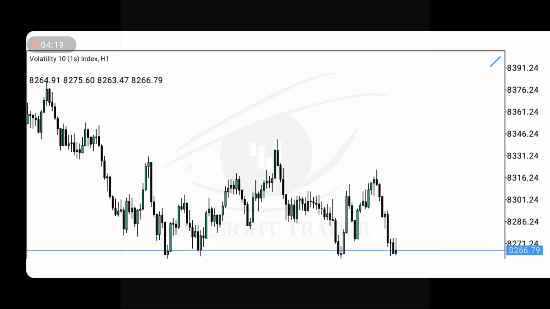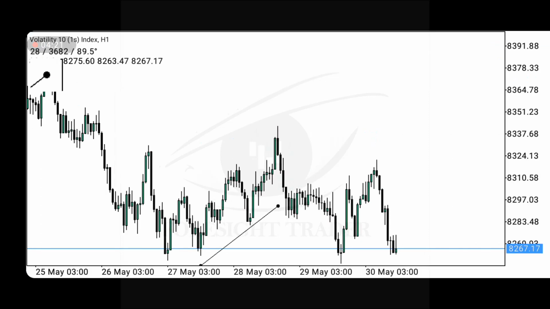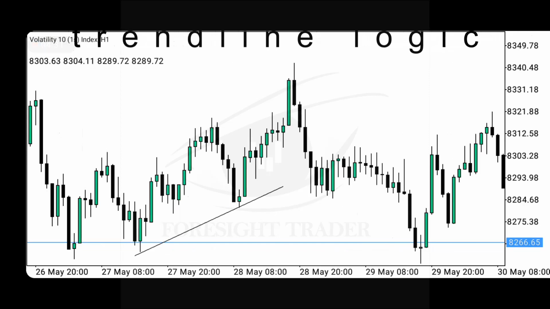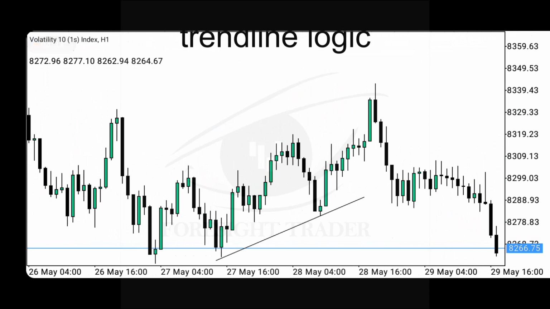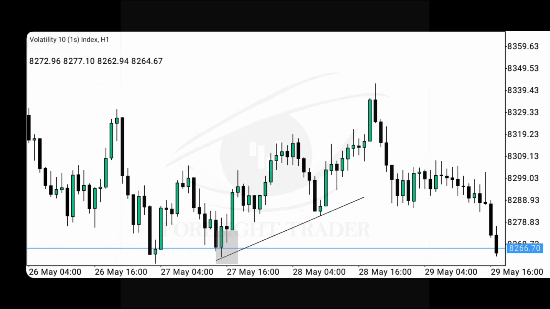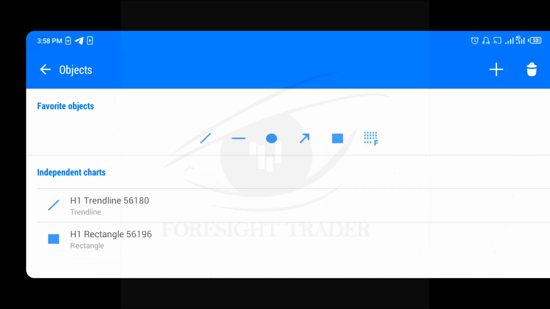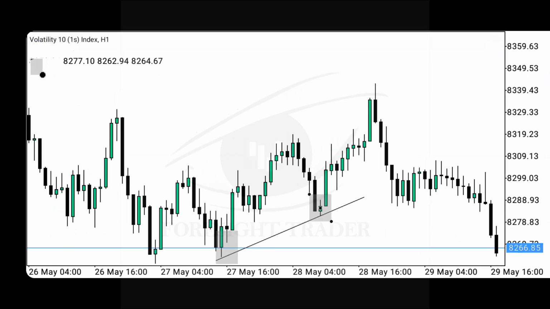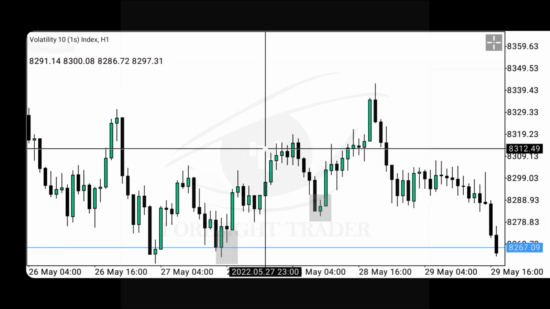The trend line trader considers a two touch in the market, two swings in the market, either two swing highs or two swing lows, and connects the dots. So this is a perfect example of what I'm talking about. This particular swing low and this particular swing low, because price moved away from there impulsively.